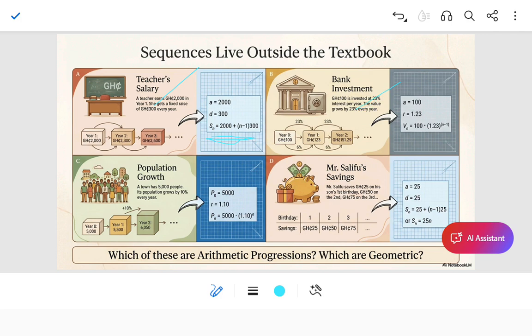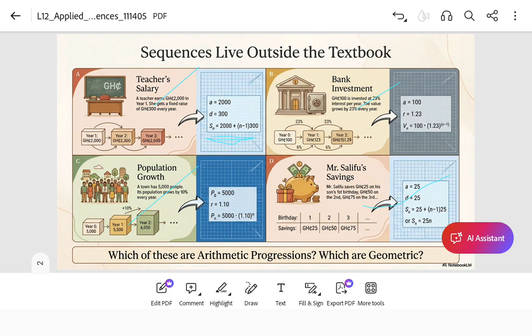Sequences are applied in investment, in population growth, and in savings. So the question is, which of these are arithmetic progression, which are geometric? Do your very best, look through it and identify the types.